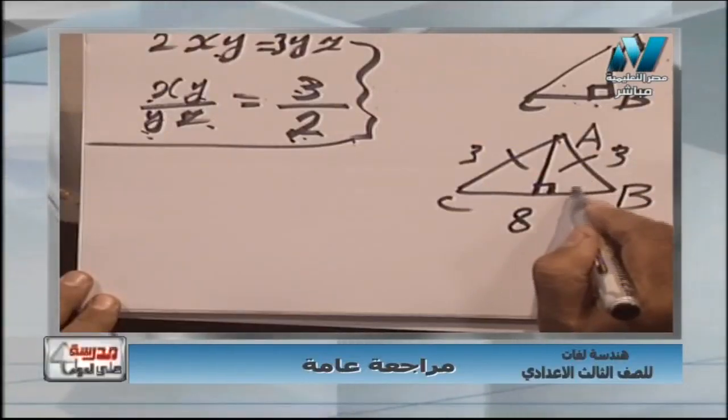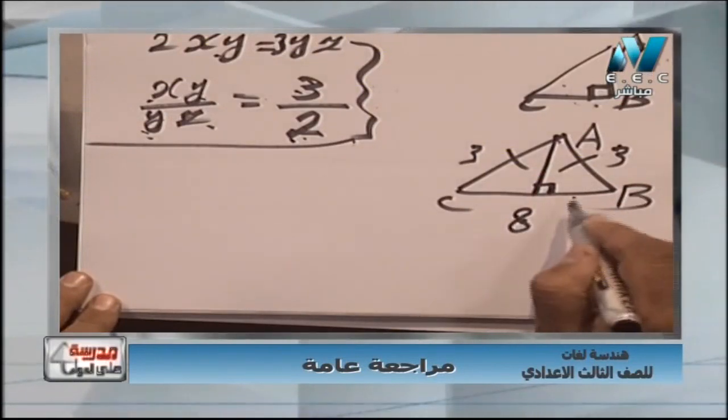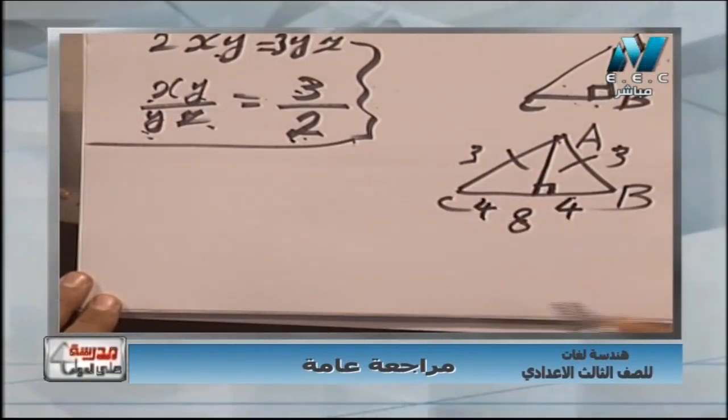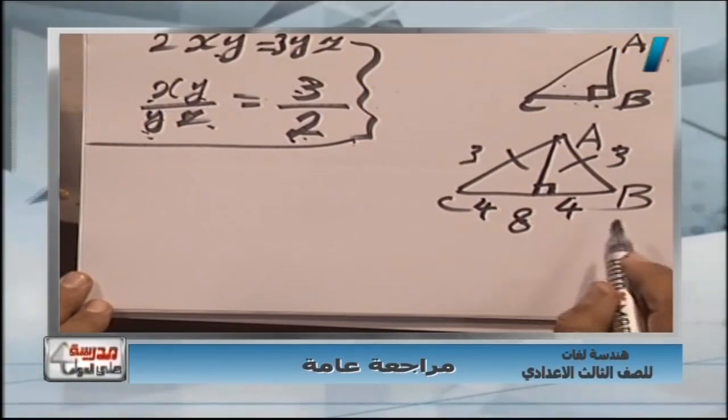In an isosceles triangle, there is no right angle, but you studied at the second prep: if we draw a perpendicular from the vertex, it bisects the base. Okay, everyone can see me? Okay, bisect the base, so 8 divided by 2, then each side is 4. Okay.